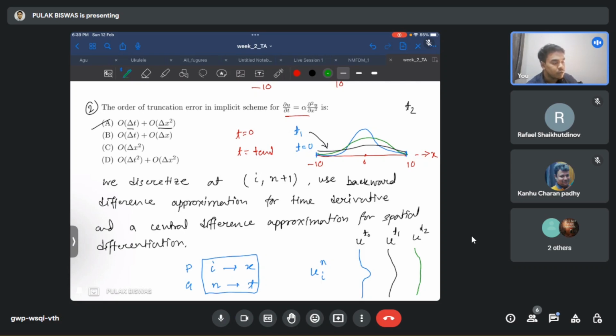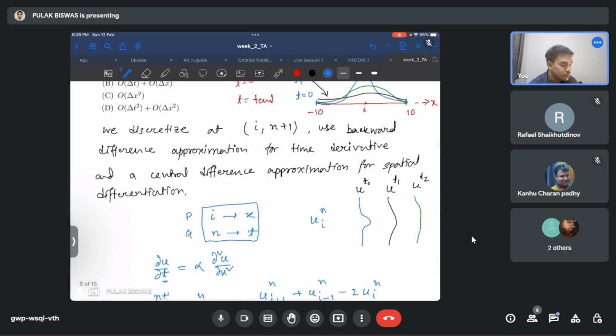So this type of solution vector will be coming for each spatial point, and your spatial domain ranges from -10 to +10. At different x values, you will be having different u values depending on the time, if this is the time direction. So these will be different solutions.